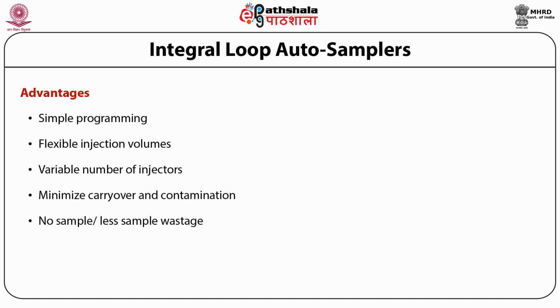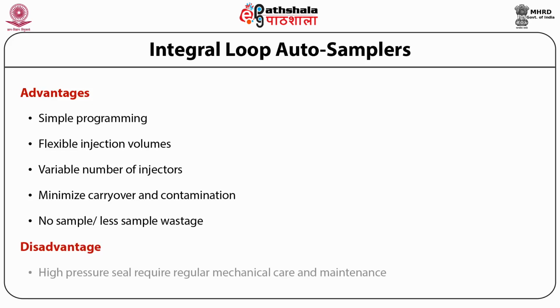The flexibility of random access allows ease of analysis of a variable number and types of samples as well as standards. The disadvantage associated with the integral loop system is that the high pressure seal requires regular mechanical care and maintenance.